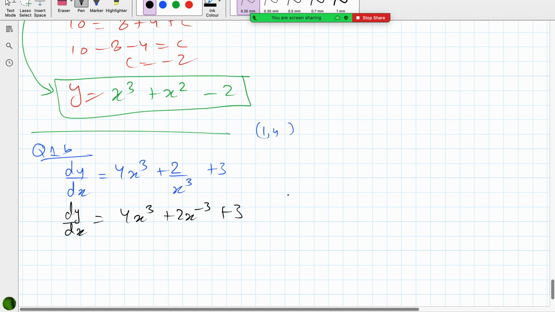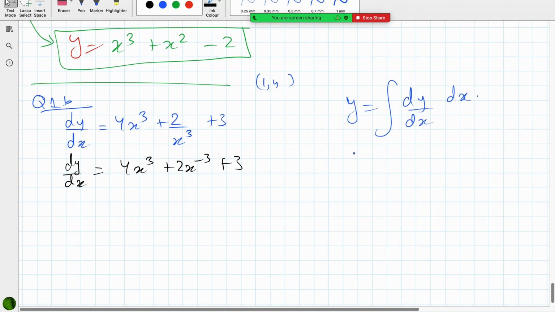Now all the x is in the numerator. So we know that y is equal to the integral of dy by dx with respect to x. And I can directly write that y is the integral of 4x cube plus 2x^-3 plus 3 with respect to x. Any issues? dy by dx is directly substituted.